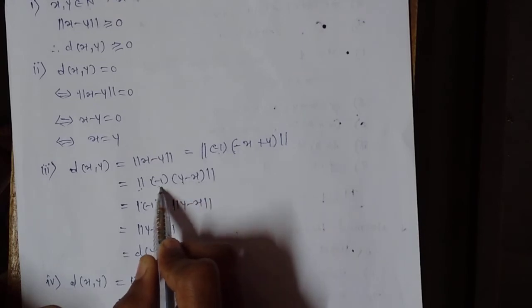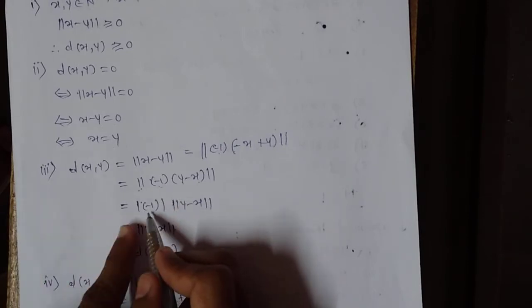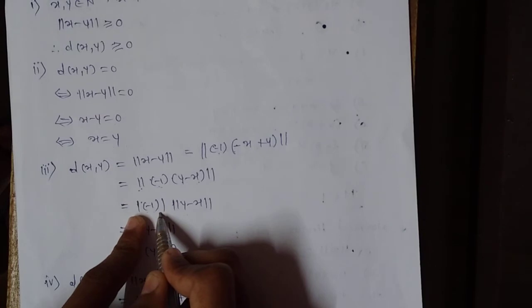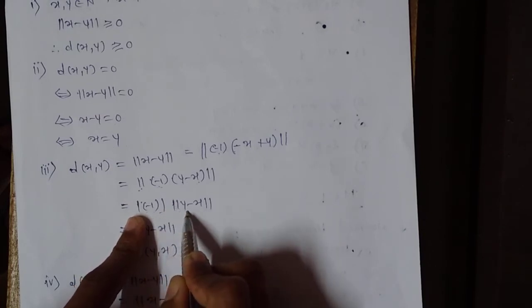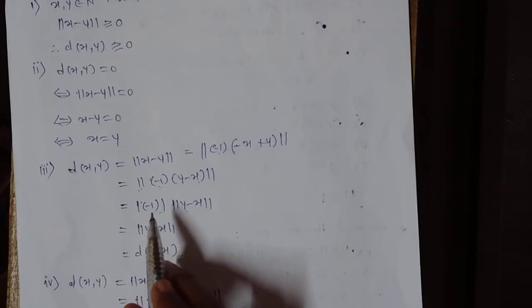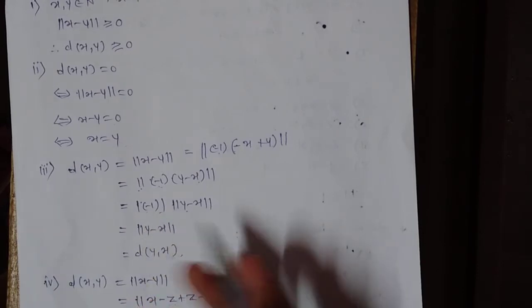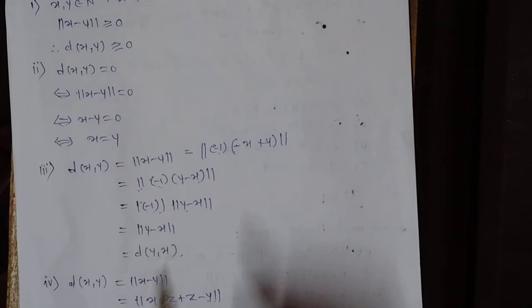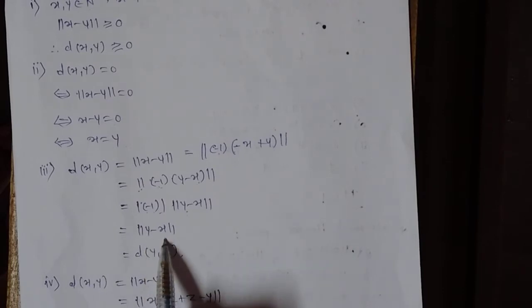Here minus 1 is a scalar, and if we have a scalar, then we take its modulus. That means the modulus of minus 1 into the norm of y minus x. The modulus of minus 1 is 1, so it is 1 into the norm of y minus x. That means it is the norm of y minus x only.